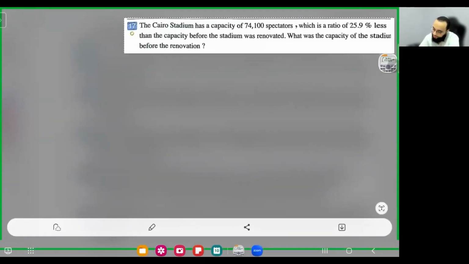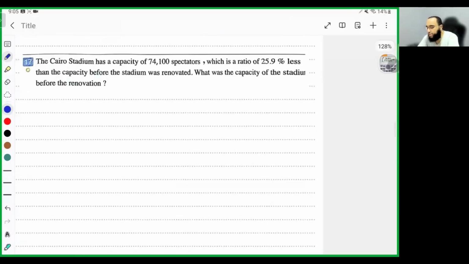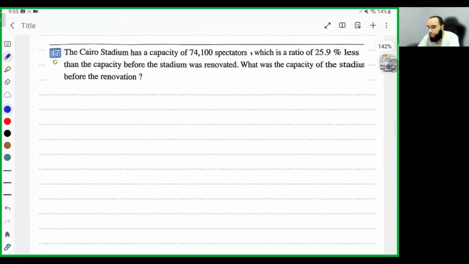Mute yourself, Sireen. The Cairo Stadium has a capacity of 74,100 spectators, which is a ratio of 25.9% less than the capacity before the stadium was renovated. What was the capacity of the stadium before renovation?